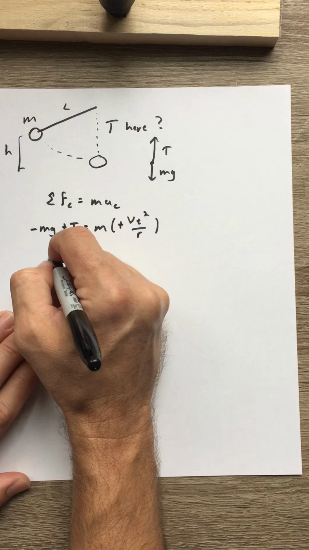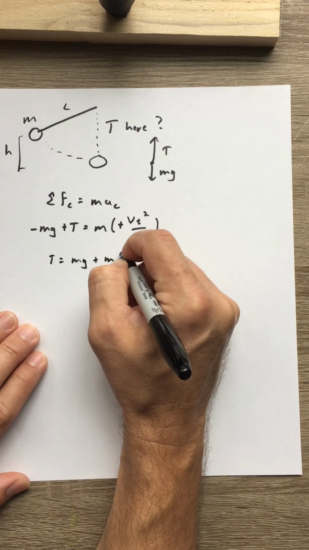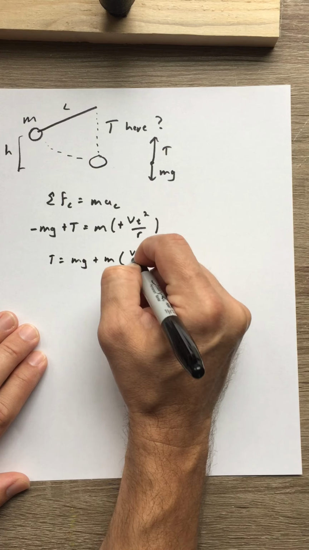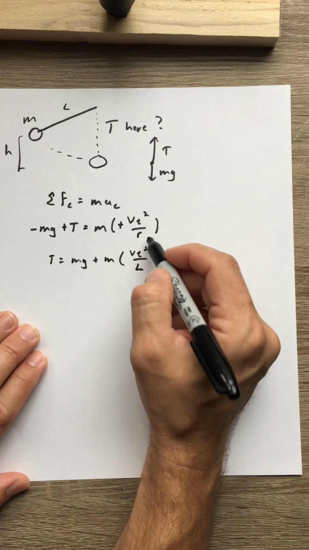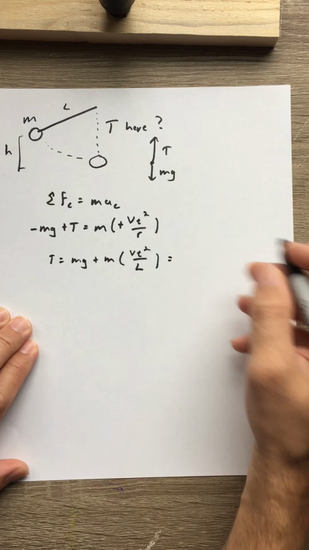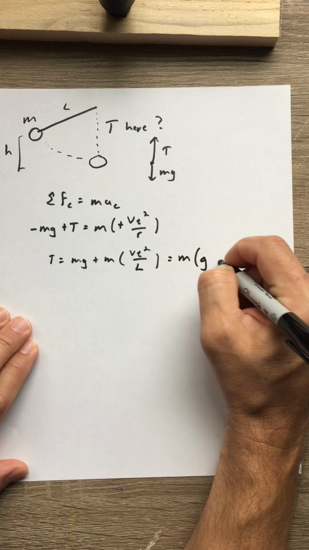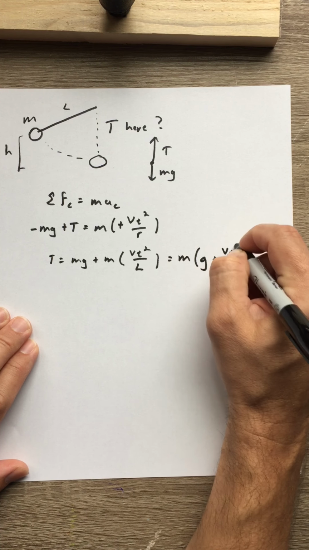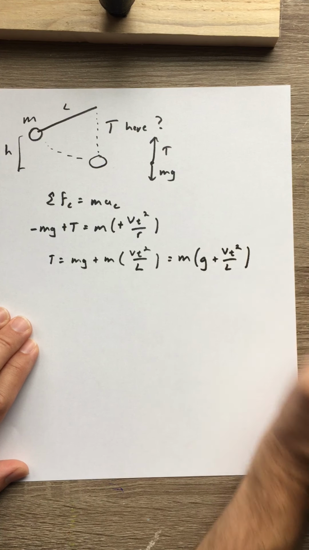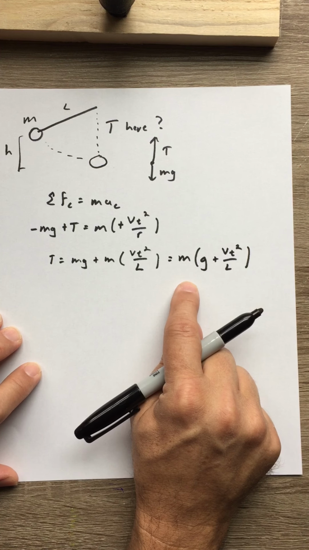So it looks like I'm going to get T is equal to mg plus m v tangential squared over L. I'm going to replace the r with L. And just for my own personal benefit, I'm going to factor out the m because I like it to be as clean as possible: m times g plus v tangential squared over L. So if I can figure out what v tangential is, I can determine this pretty easily.